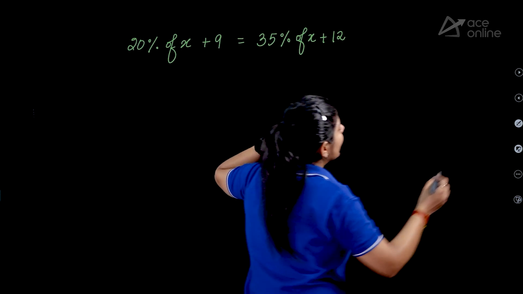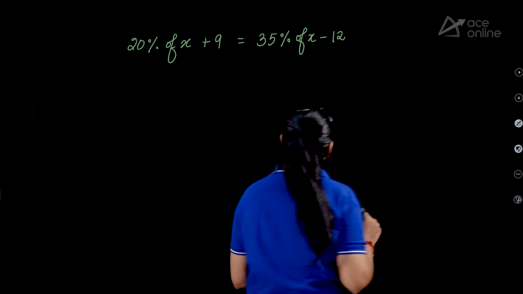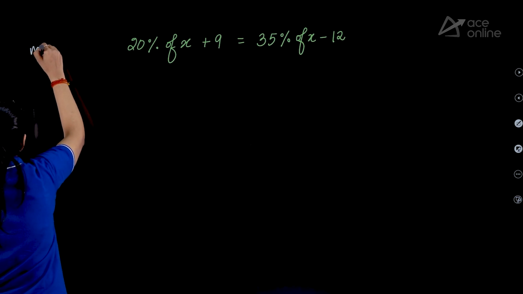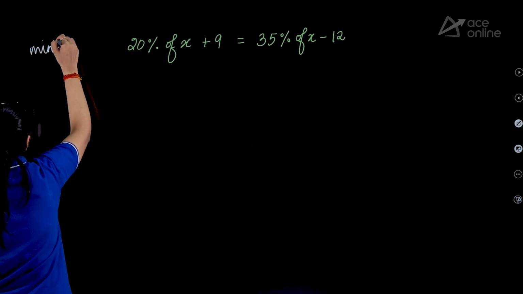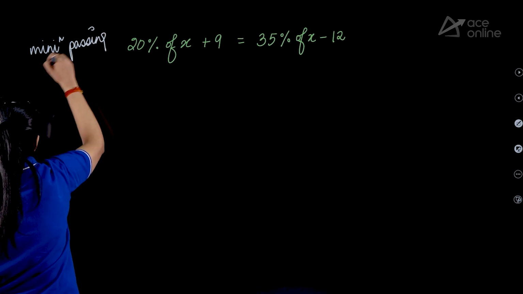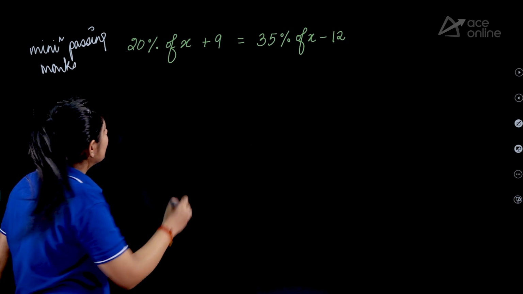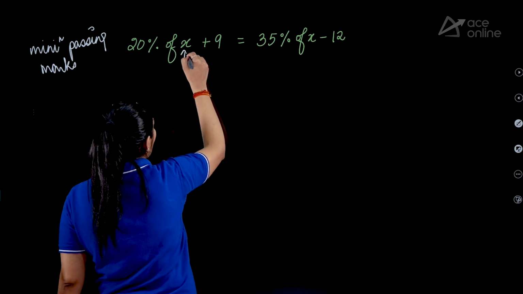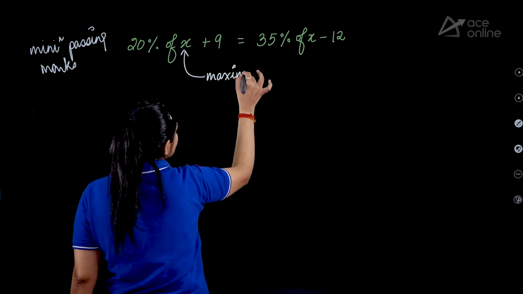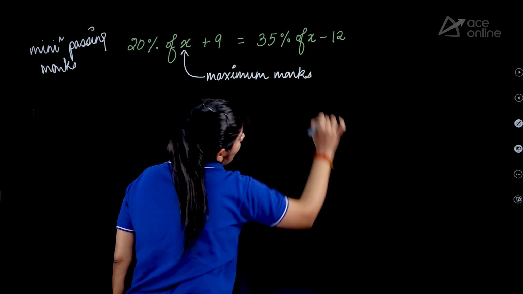So that's why we are writing it like this only, right? So this line shows my minimum passing marks. From this we can easily determine the value of x, and this x shows my maximum marks.